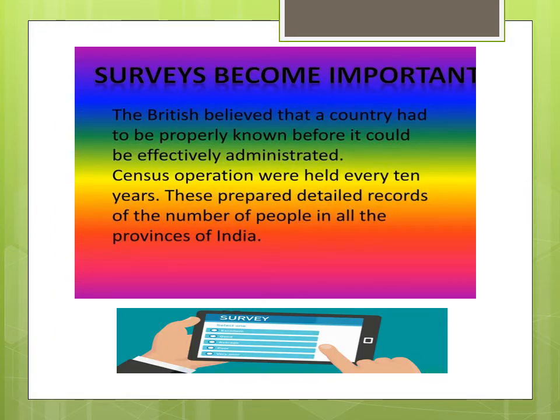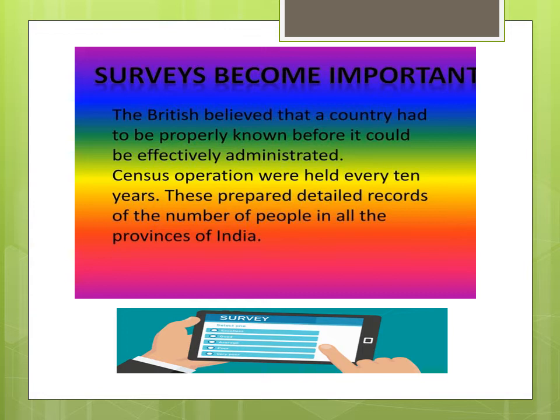Then surveys became important. The Britishers felt that the practice of surveying was also very important. They believed that no country could be properly known until it was surveyed, and they needed to know how things were being administered there. By the 19th century, detailed surveys were being carried out, and in the villages there were surveys conducted.